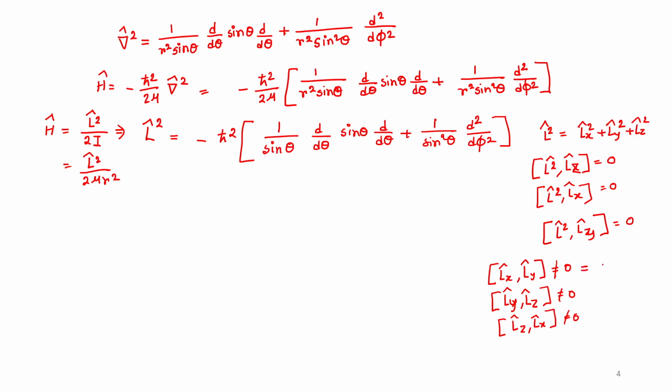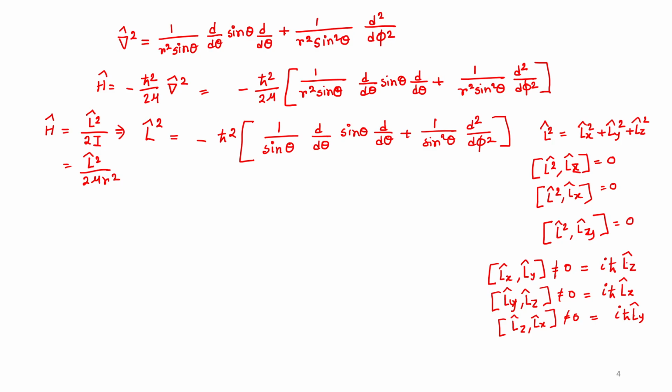What are they equal to? If you work it out, you will get this equals i h cut Lz. So there is a symmetrical pattern. You don't have to remember this, but if you write it many times, you will see the pattern: Lz, next is Ly, like that. So how will you remember Lx, Ly?